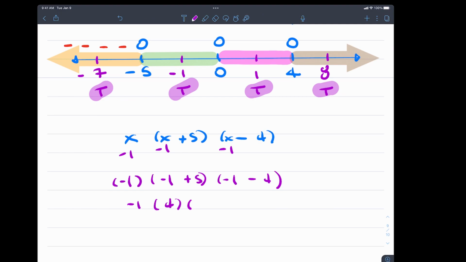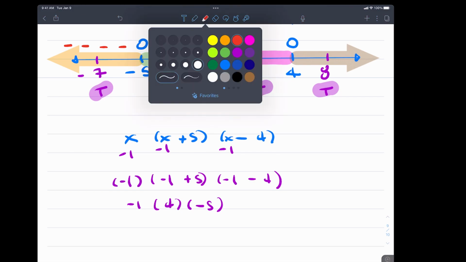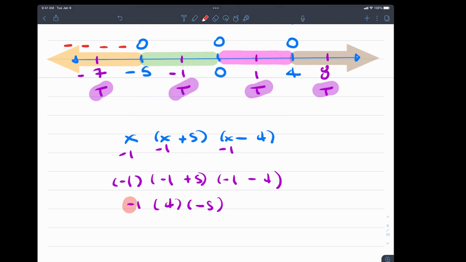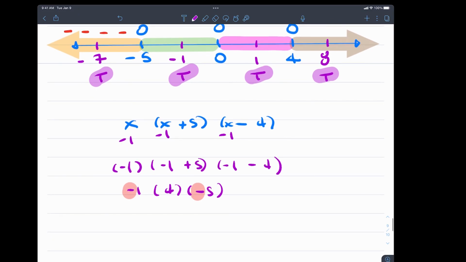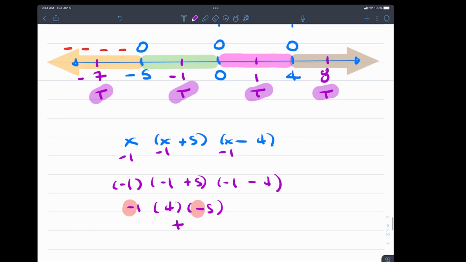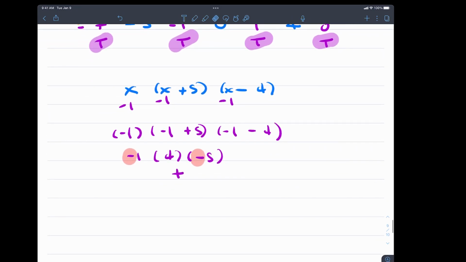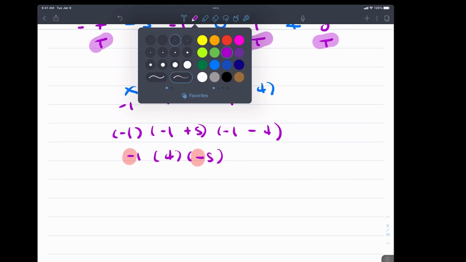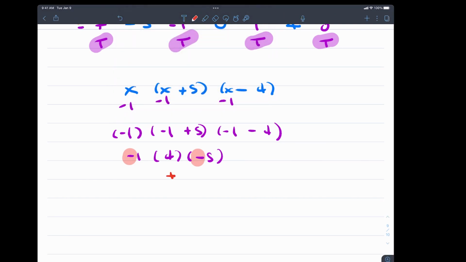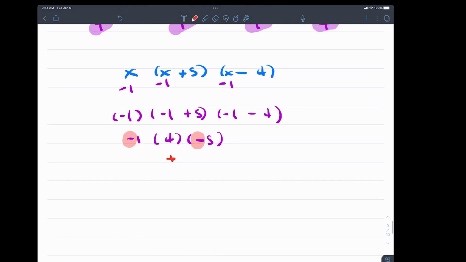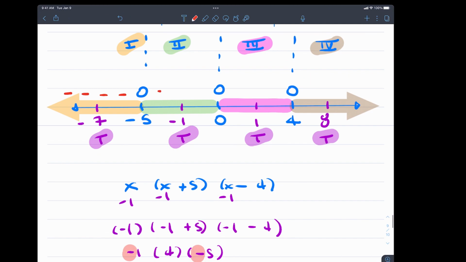And then -1 times -4, isn't that -5? You remember, we don't really care about the answer, we care about the sign. So a negative times a positive times a negative gives me a what? This is a positive. I know it's positive 20, but again, we only care about the sign of the region.